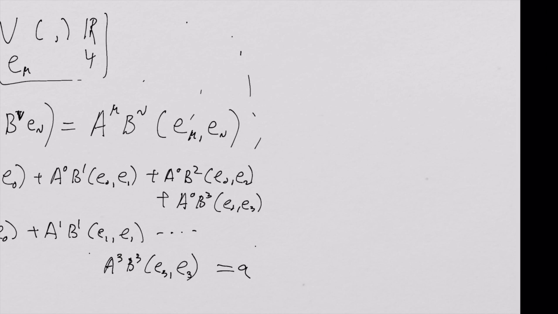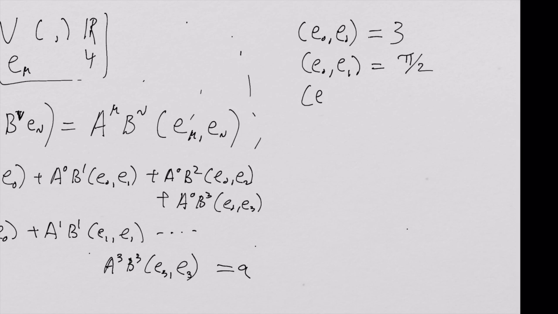So in order to define an inner product, I just need to say, okay, E0, E0. Let's say that equals, well, I'm going to say that equals 3. And then I say, well, E0, E1, and that equals pi over 2. And I'm being whimsical here, so E0, E2 equals negative 3.5.